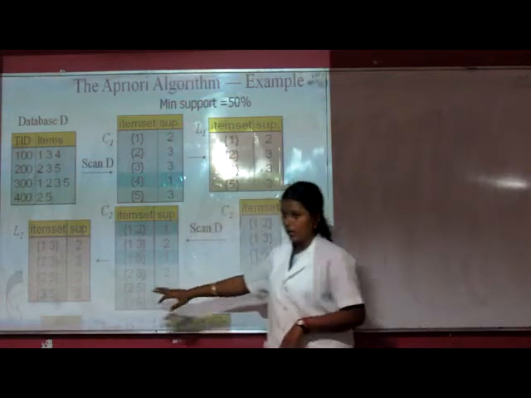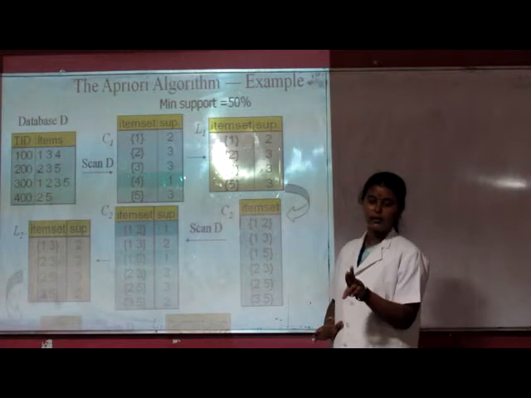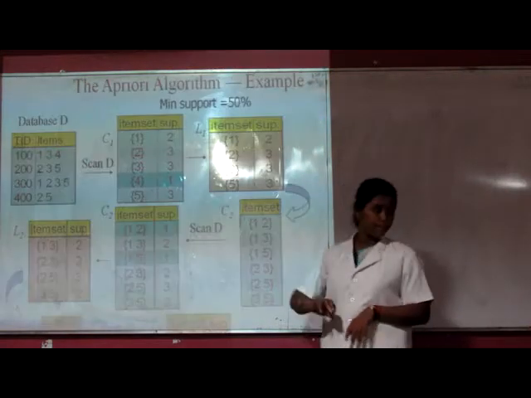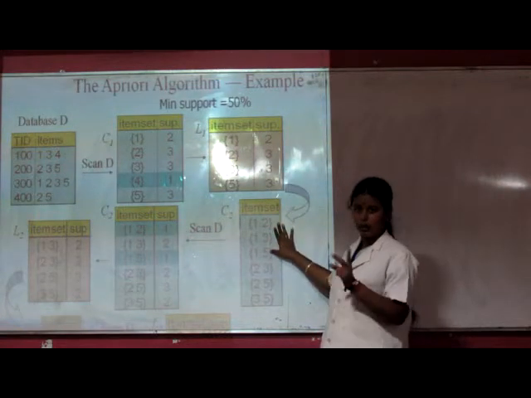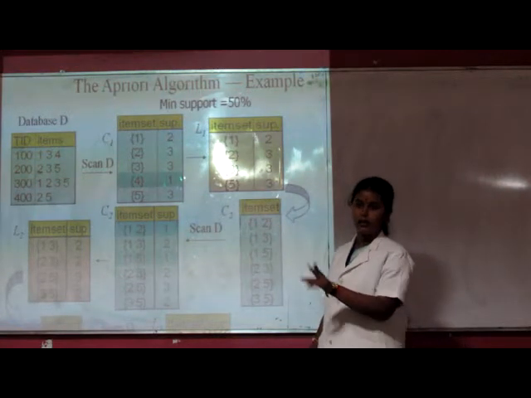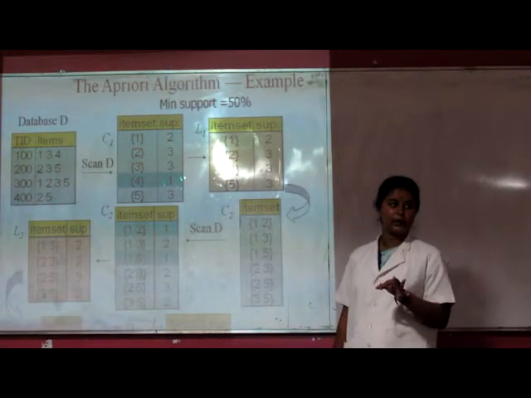From this I have to combine with other items. First is the item set with X alone, next is X and Y, next is XY and Z, so XY associated with Z. So 3 items we have to take.